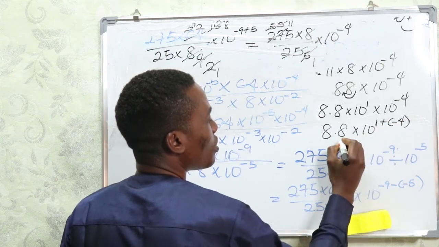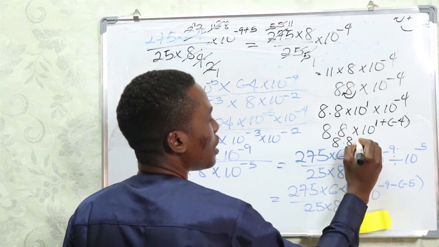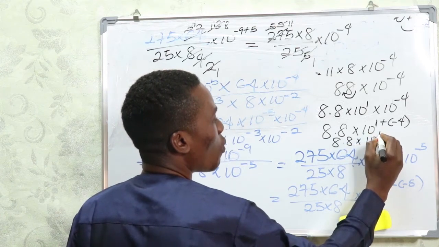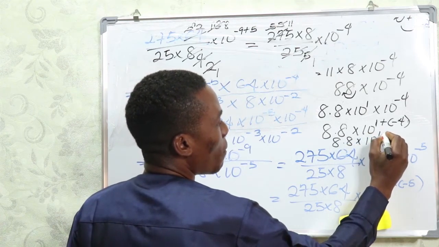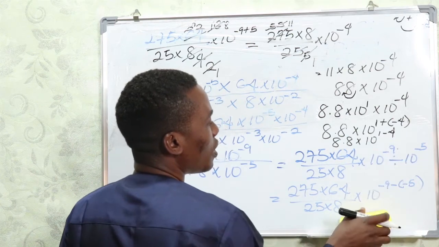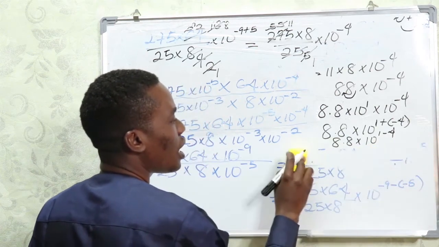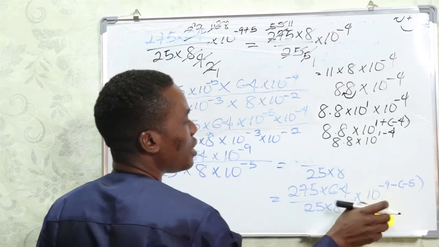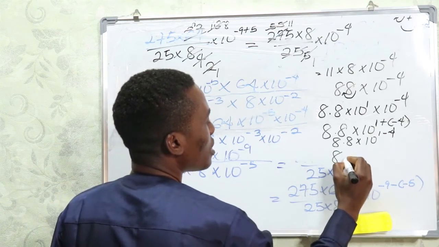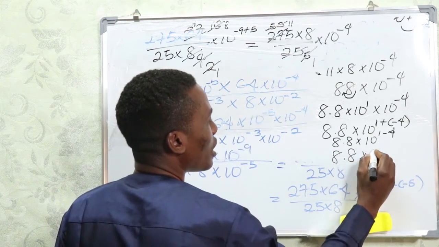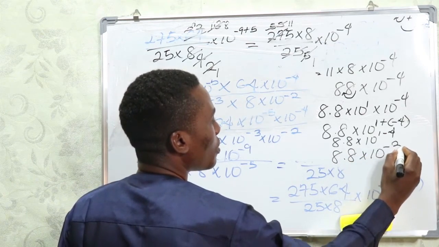So that will give us 8.8 times 10 raised to power 1 minus 4. Now, conclusively, our result is going to be 8.8 times 10 raised to power minus 3.